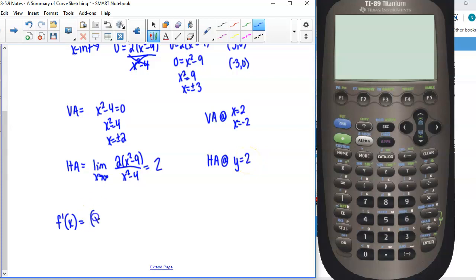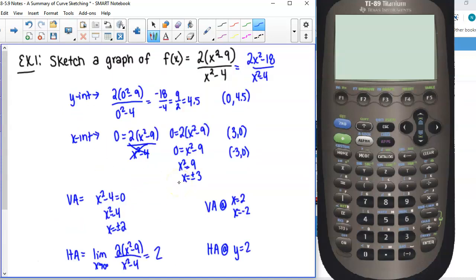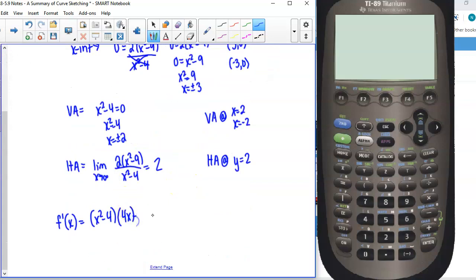So we would have x squared minus 4 times 4x, minus 2x squared minus 18 times 2x, all over x squared minus 4 squared.